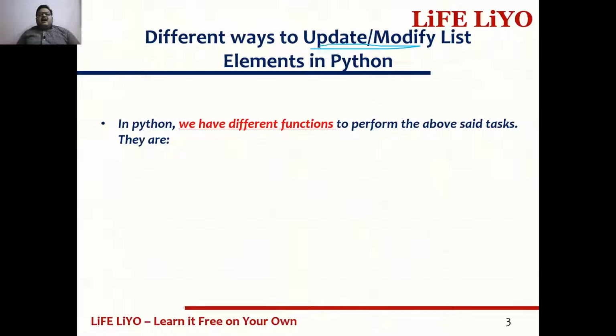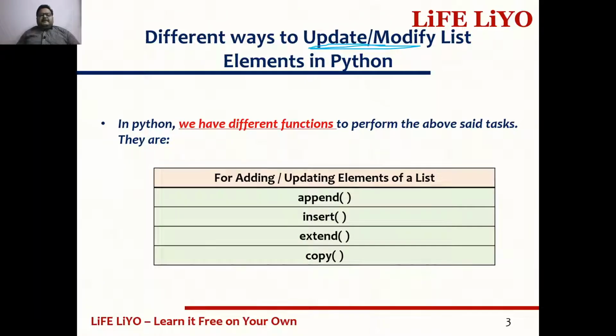After creating a list, if we want to update or modify it, we have different methods: append, insert, extend, and copy. These are the methods for adding or updating elements of a list.